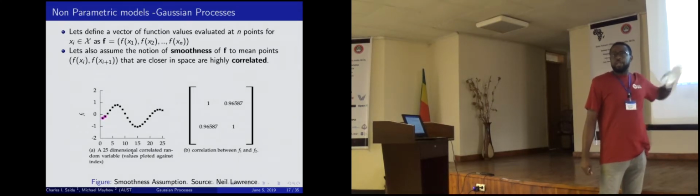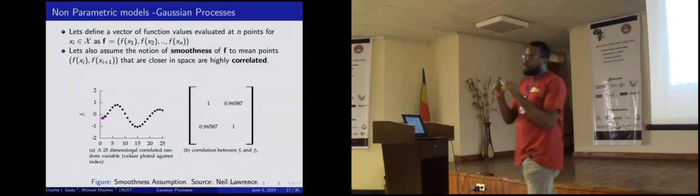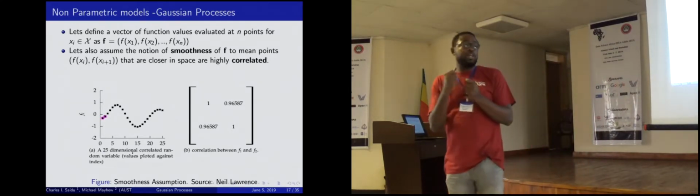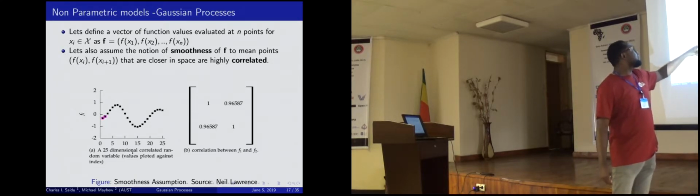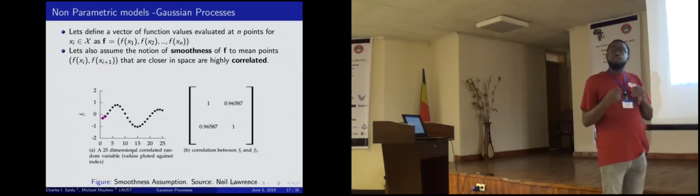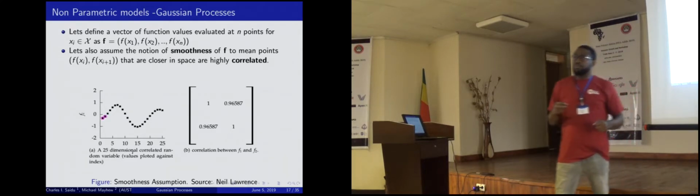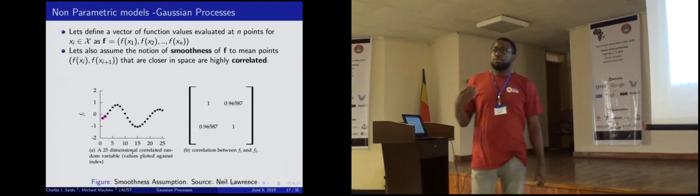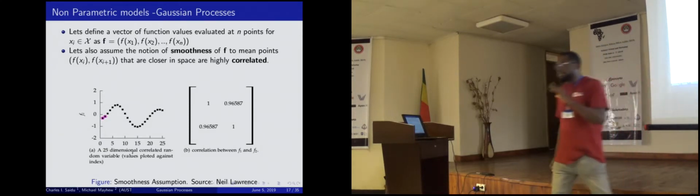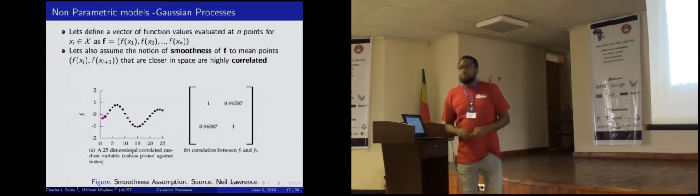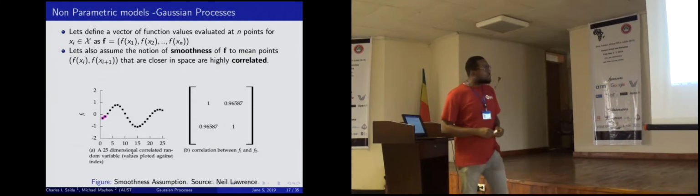If you assume that the function evaluated at points whose values are closer to each other are highly correlated, we can do a really nice trick to describe the entire function. And that is the motivation behind what we're going to talk about in Gaussian processes.